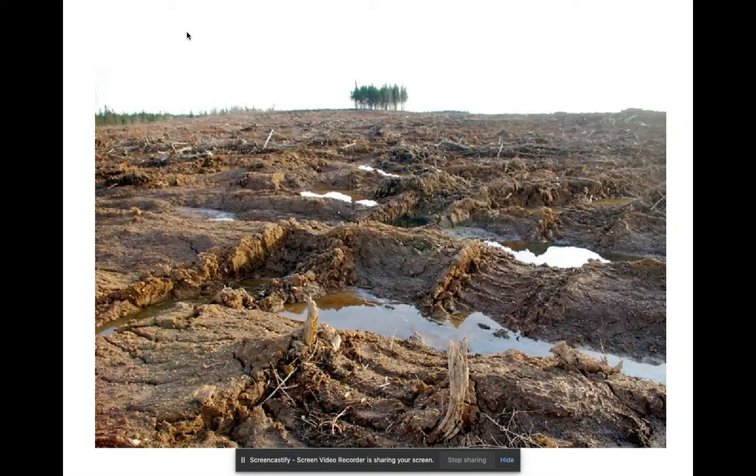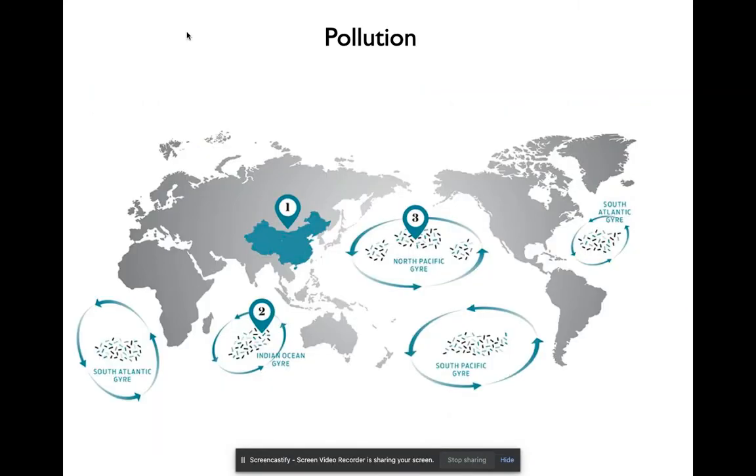Because it definitely removes all the wildlife and makes it impossible for anything; it takes generations to recover from something this severe. So that's habitat destruction.